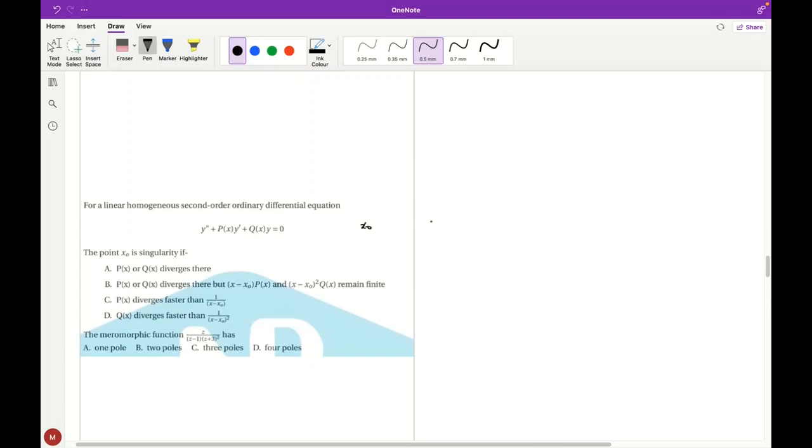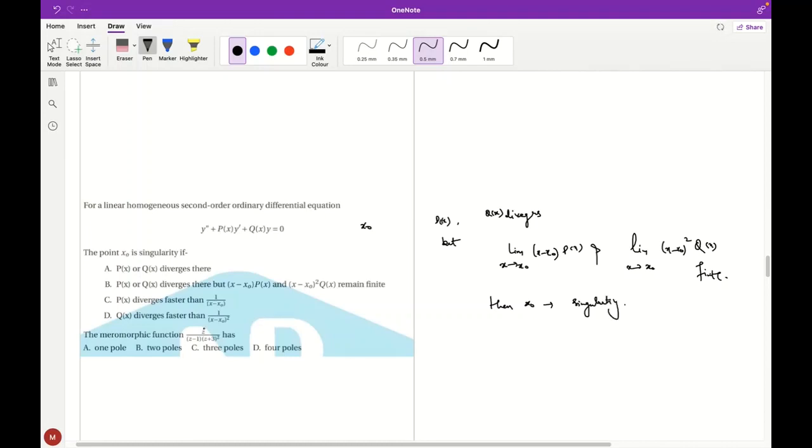This is a definition that if p(x) and q(x) diverge, but the limit x tending to x naught of (x minus x naught) p(x), and the limit x tending to x naught of (x minus x naught) square into q(x), both remain finite, then x naught will be a singularity. So option B is correct.